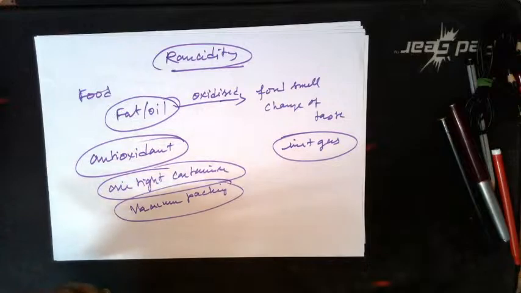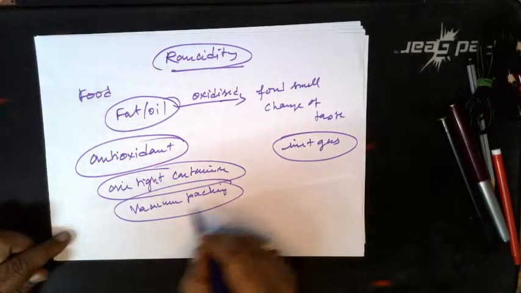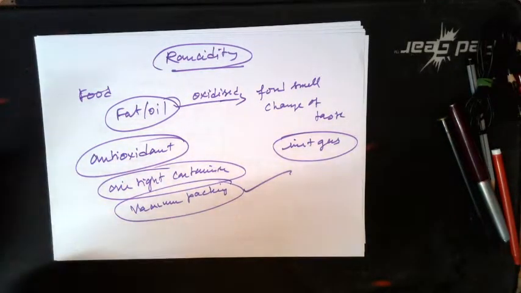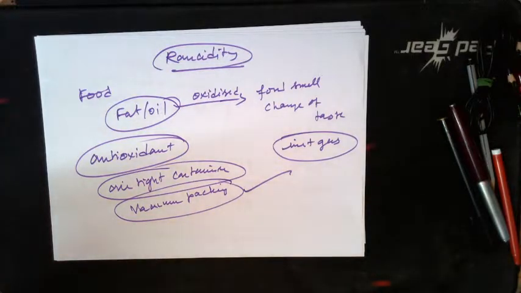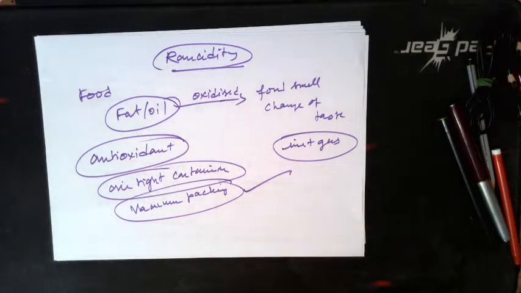Likewise, generally vacuum packing is done nowadays. You could have seen some ready mixed food packed with vacuum. They suck out the air present inside the packing, and you can see a lot of wrinkling of these bags because of what?